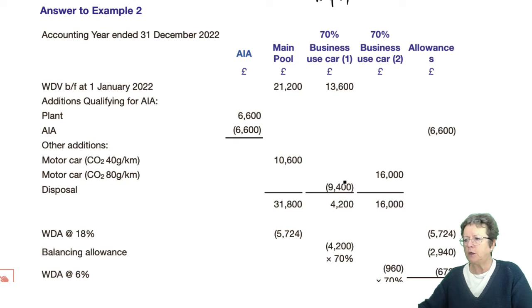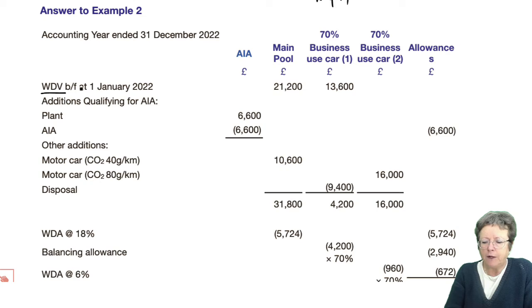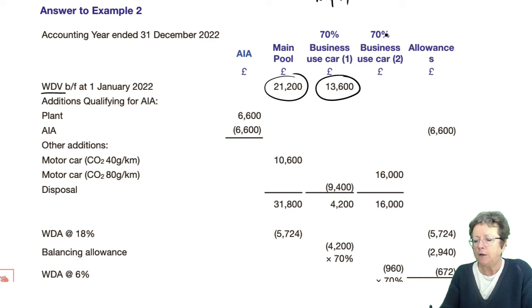Okay, so keeping the question next to you, you've got an AIA column because we know that we bought some plant and machinery which we can claim AIA on. Now we know that there were written down values brought forward in the pool and the first car. See the headings?